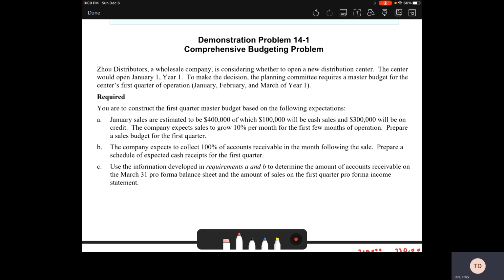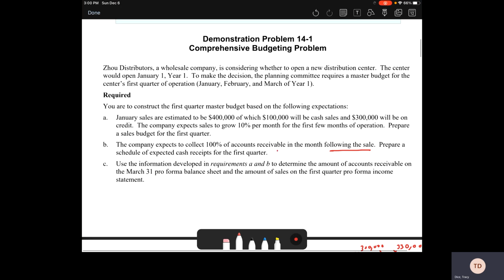Part B, the company expects to collect 100% of its accounts receivable. So that would be those sales on account in the month following the sale. So any sale they made in January, they're going to collect in February. Now, when we prepare this schedule, an actual accountant knows that actually collecting 100% of your sales isn't realistic. We know that in reality, we might be collecting these over a couple of months.